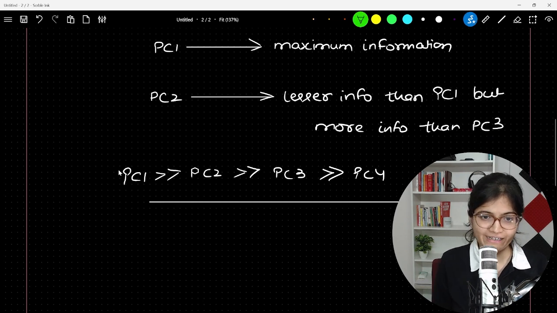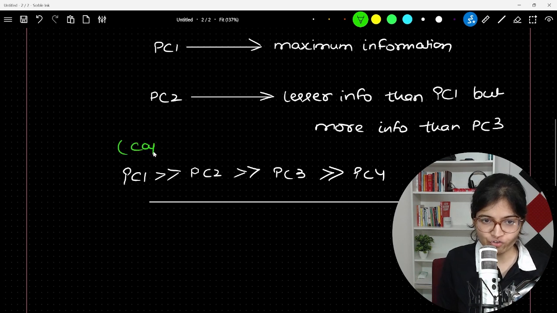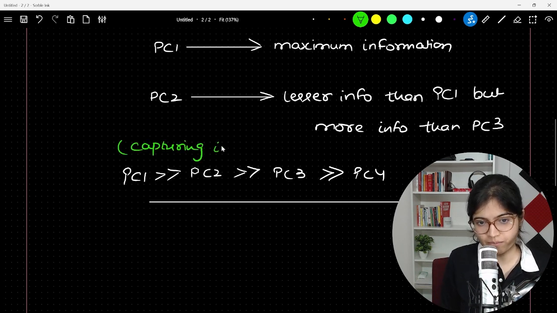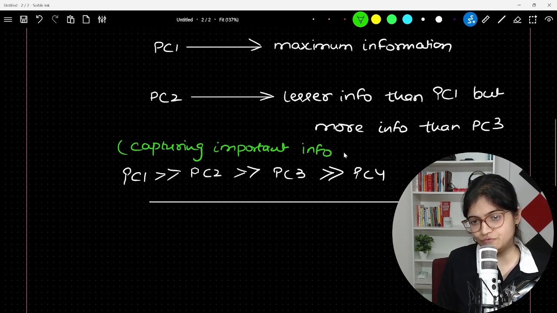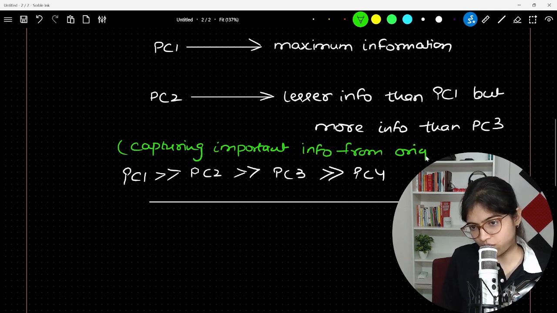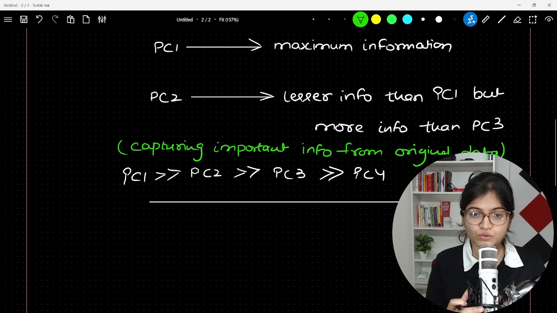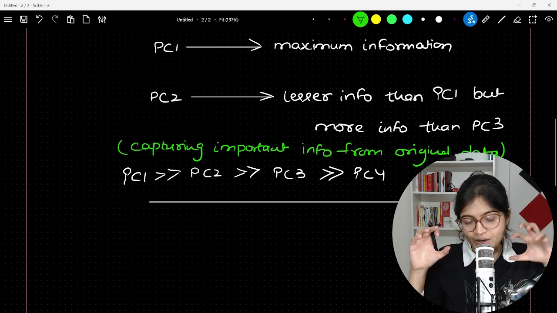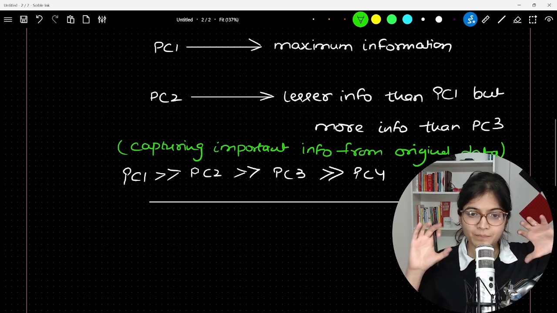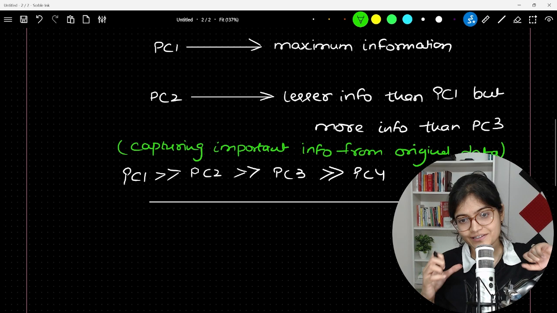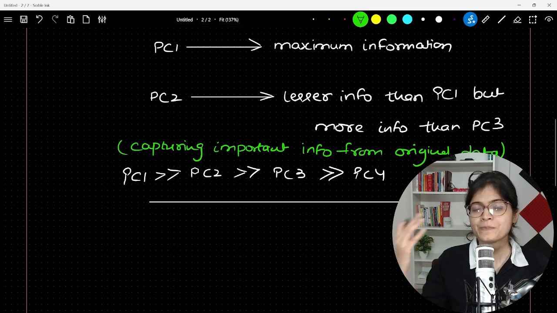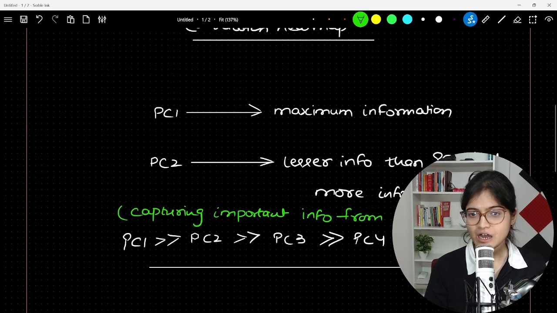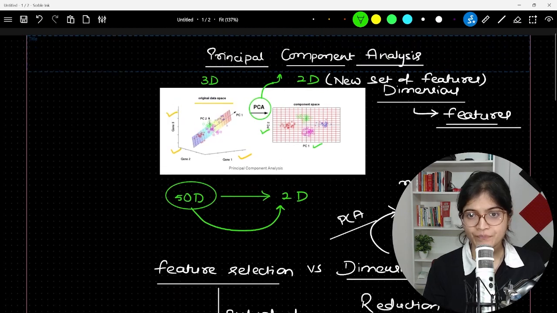So this is the trend in terms of capturing the important information from the original data. Always remember, PC1 will have the maximum information, PC2 the second highest, PC3 the third highest, and so on. This is how the trend will form.